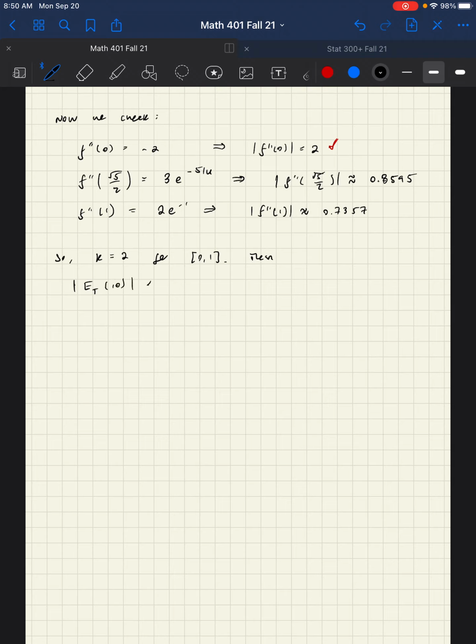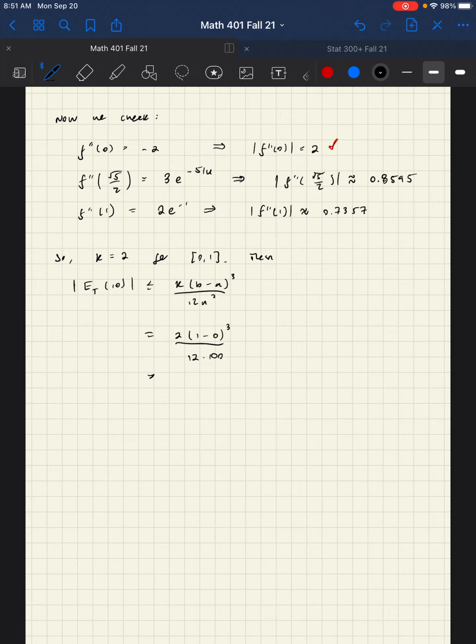So the error from the trapezoidal rule approximation, given n equals 10, is no greater than, remember it's k times b minus a cubed over 12n squared. This is 2 times 1 minus 0 cubed over 12 times 100.